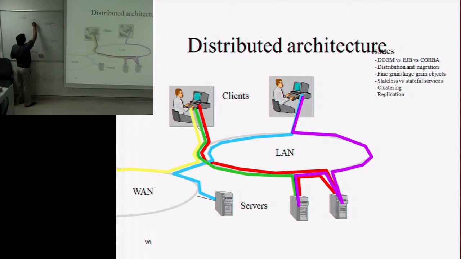So IDL at the client side is called stub. And IDL at the server side becomes skeleton.